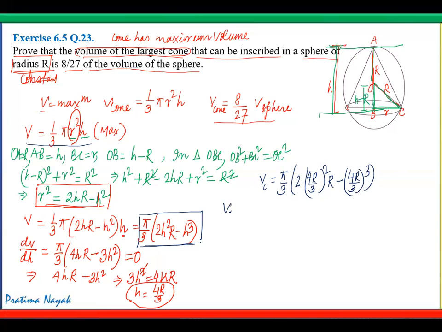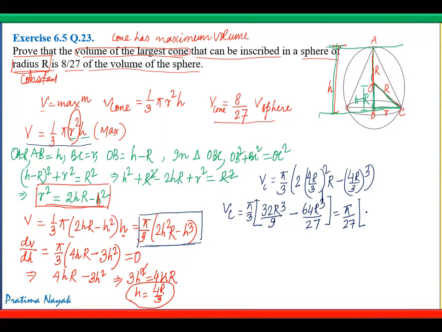So volume of the cone is equal to pi by 3. Here simplify: 4 square is 16, into 2 gives 32 R cube by 9, minus, if we do it correctly, 64 R cube by 27, because I'm taking the cube. So how much will it be? Simplify this. 9 I can take outside, so this will be 27.